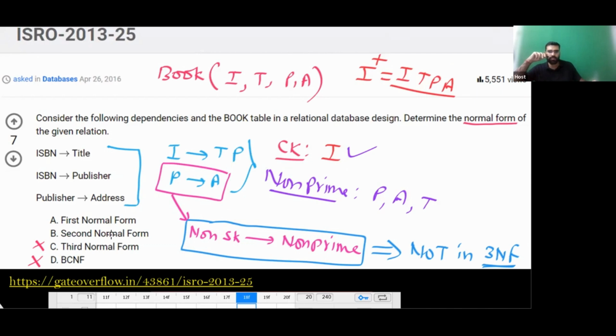Now what about 2NF? You can clearly see if you have a single attribute candidate key, then is it possible that some non-prime attribute can be partially dependent on this candidate key?